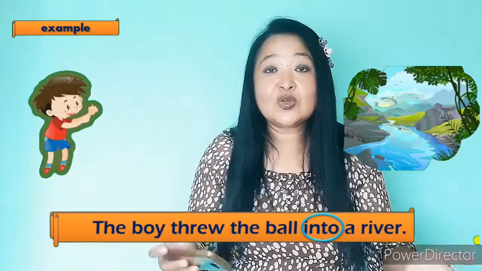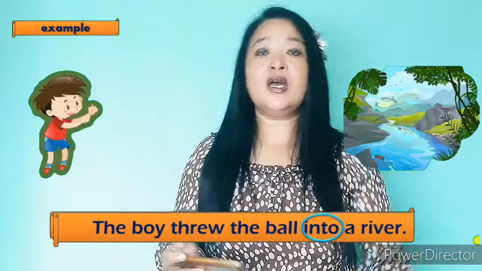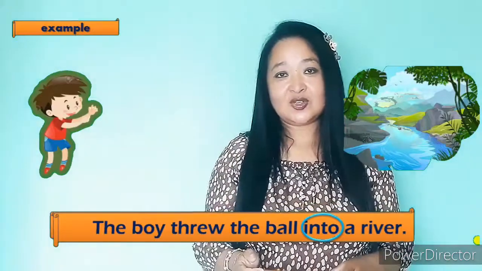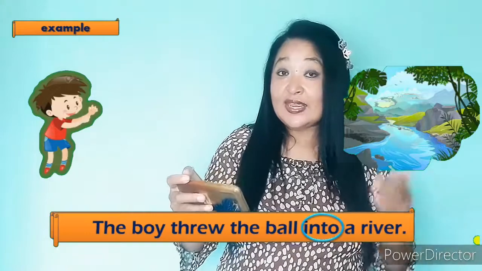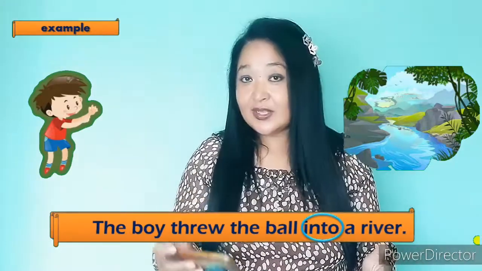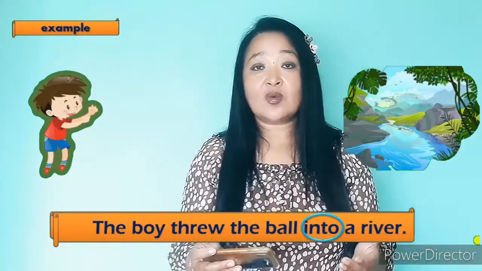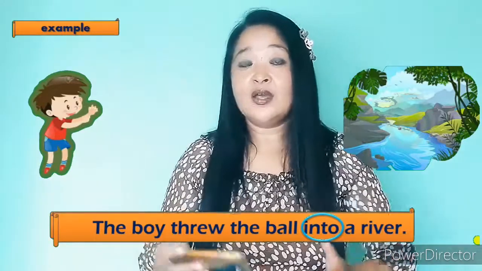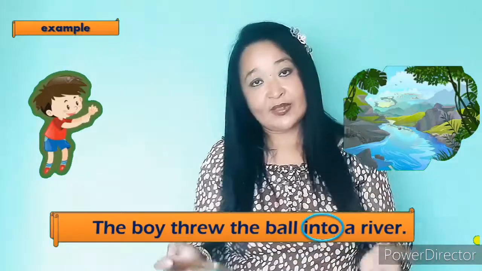The word into tells us the direction where the boy threw the ball. Understood? So these words like to, up, into are the preposition of direction, which tells us the direction of a particular thing or something.